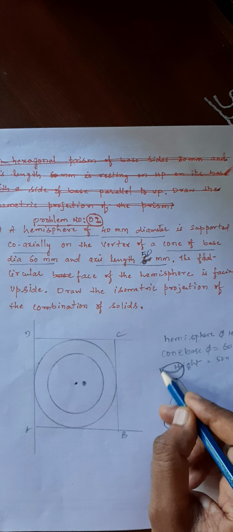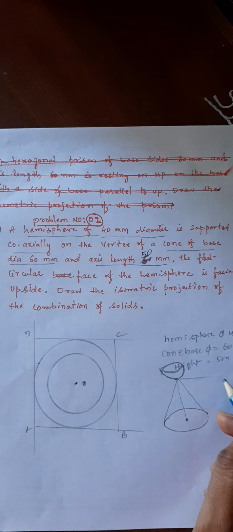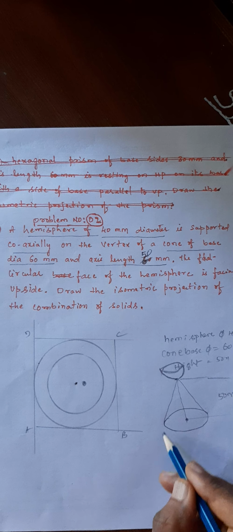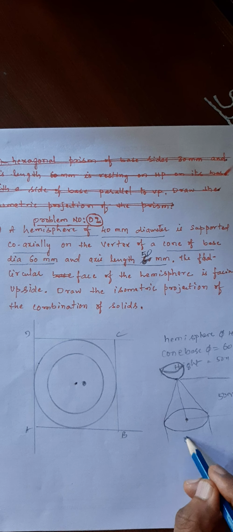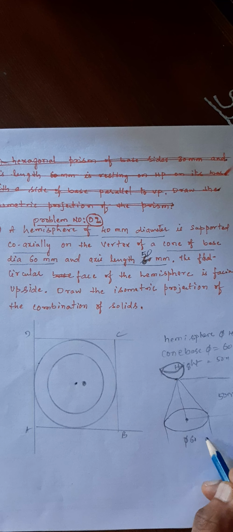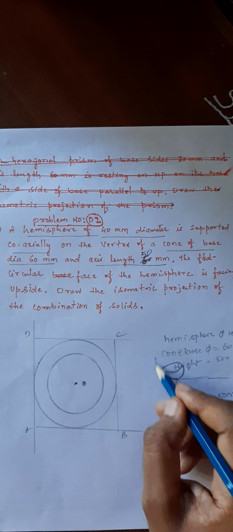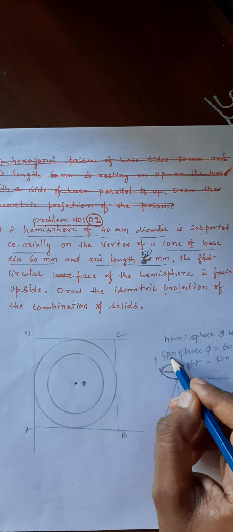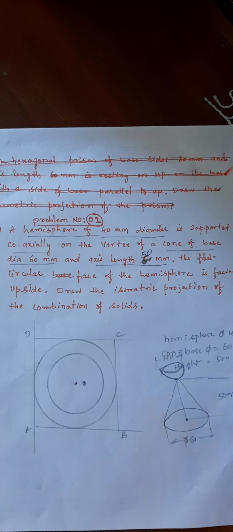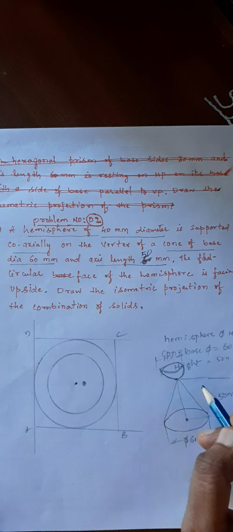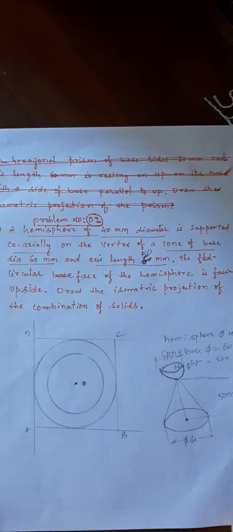Approximate the isometric: this is the height of the cone, 50 millimeter, and diameter 60, and the diameter of the hemisphere is 40, like this. So we have to construct this. Now we will go to the isometric projection of this.